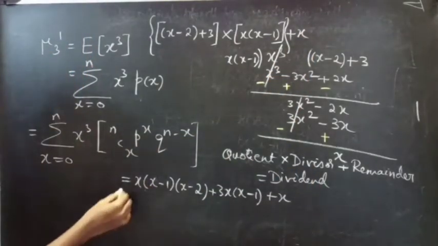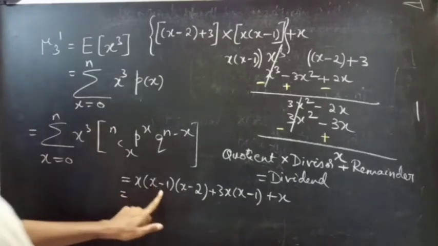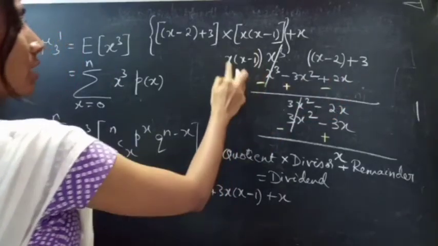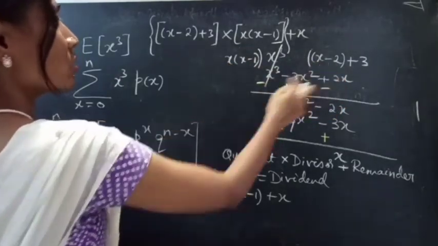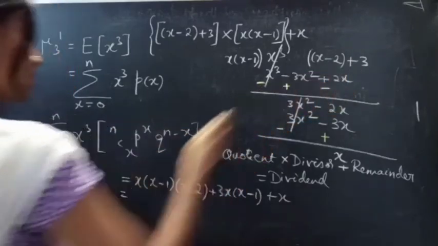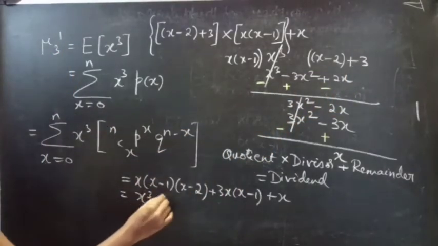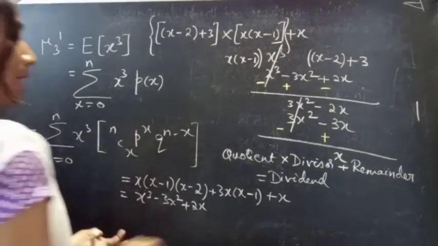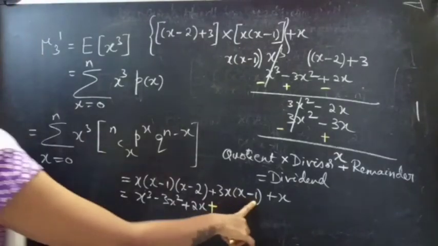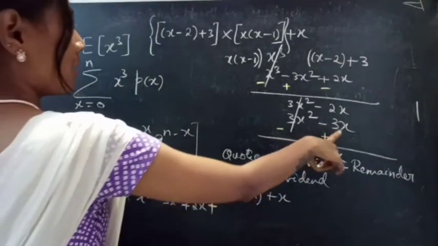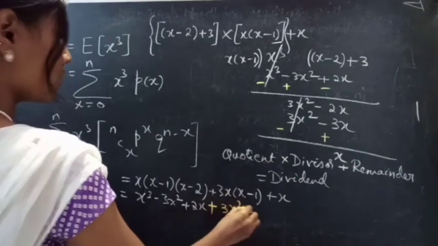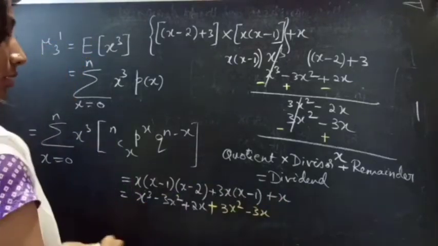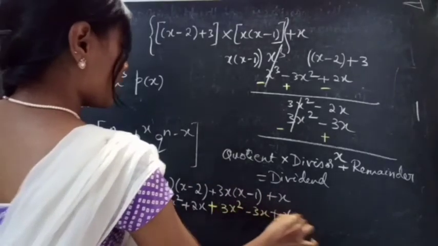We know that x into x minus 1 into x minus 2 is x cube minus 3x square plus 2x. So write x cube minus 3x square plus 2x. Next, plus 3x into x minus 1 is 3x square minus 3x, plus x.